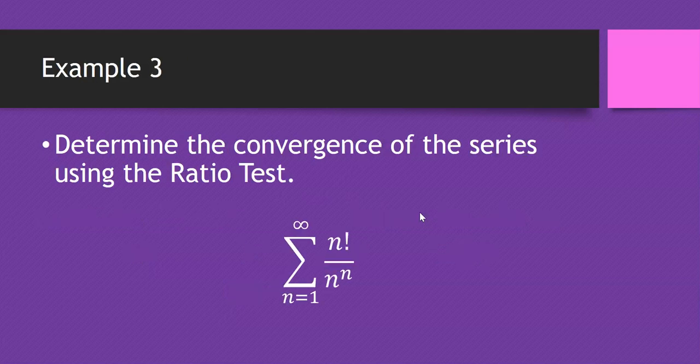But I want you to take a second, push pause on the video, and compare n factorial to n to the nth, and decide which one of those is going to be a faster growth. Based on that, then determine using the ratio test whether this infinite series converges absolutely or diverges.